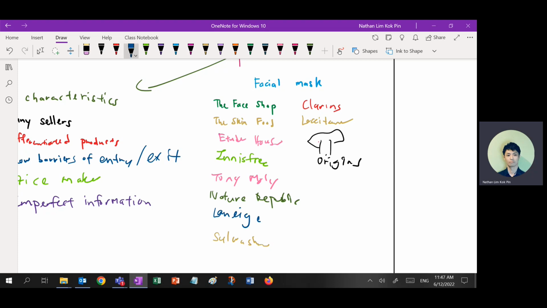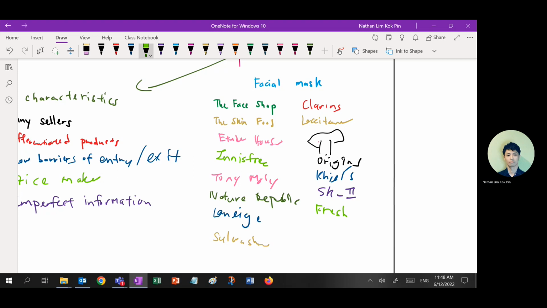We have Kiehl's. Kiehl's has the skeleton in front of every shop. We have XK2. Who doesn't know, right? We have Fresh, only in Mid Valley outlet.